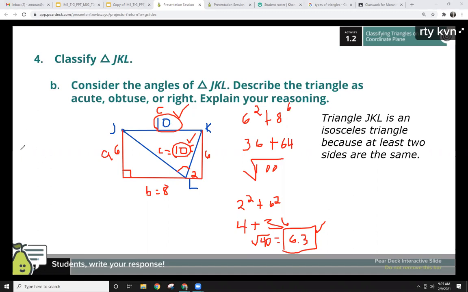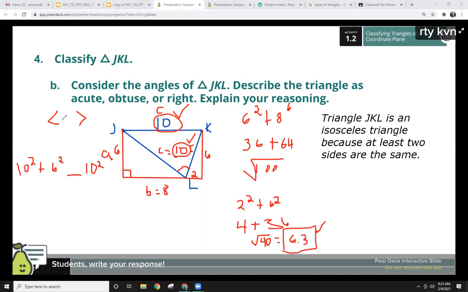So let's see. If we have 10 squared plus 6 squared, compare that to 10 squared. Is it less than, which makes the hypotenuse larger? Is it greater, which makes the hypotenuse smaller?